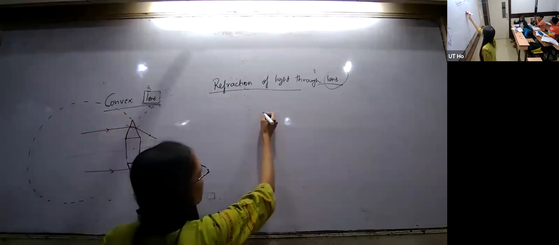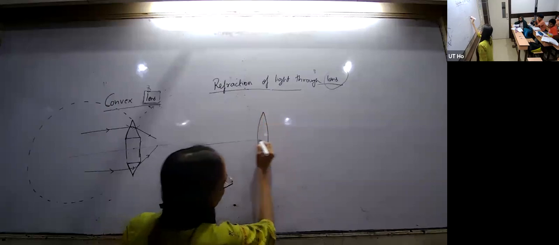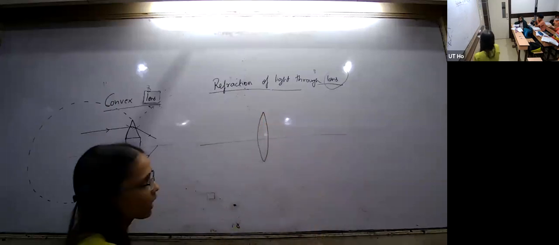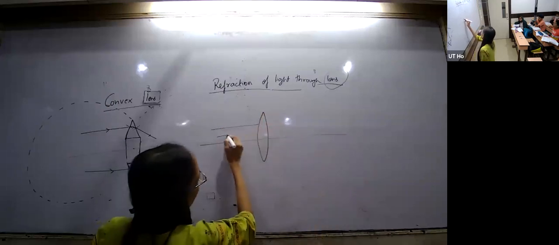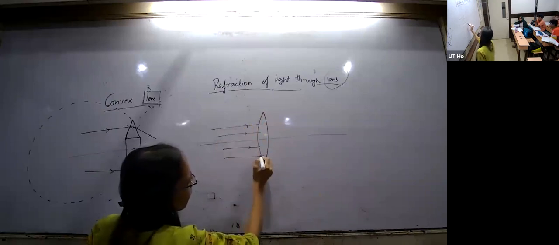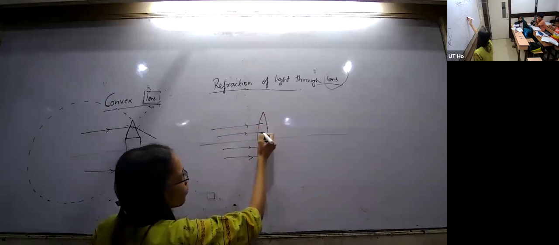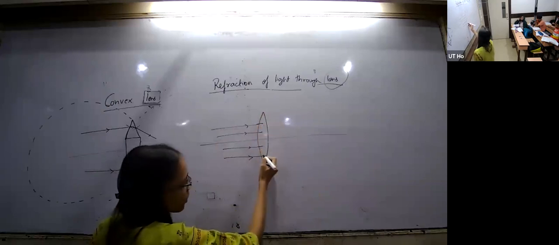Basically they converge. So now if I am drawing a convex lens, and let's say this is the principal axis, and it is hit by a parallel stream of rays, they go inside, reach the center, just for the depiction part.